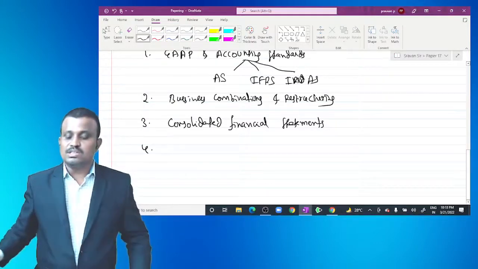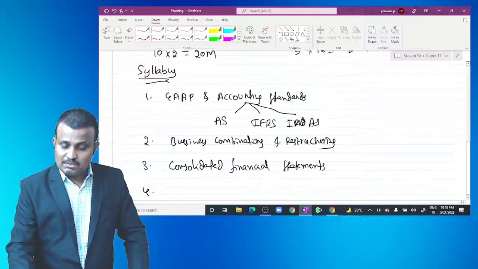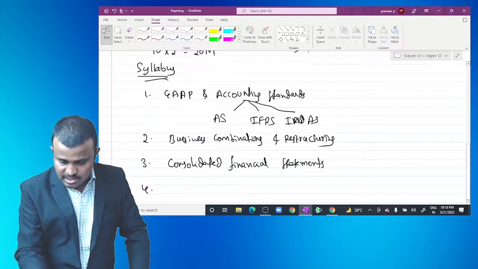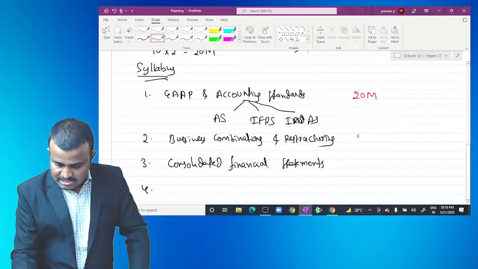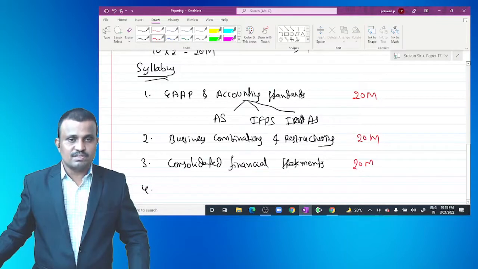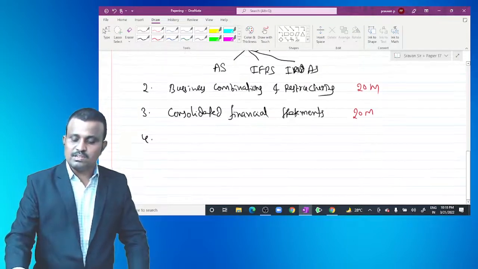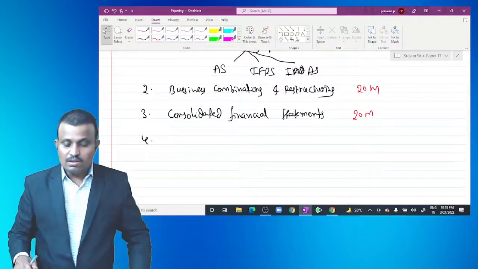The first part covers 20 marks, the second part covers 20 marks, and the third part covers 20 marks.